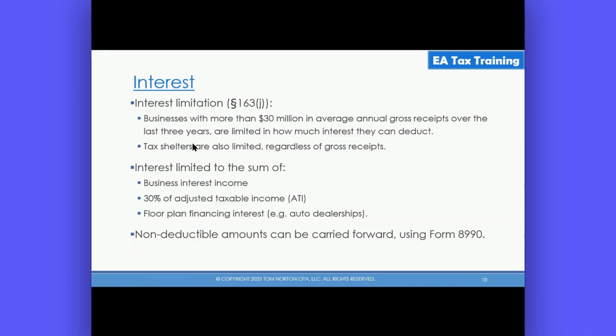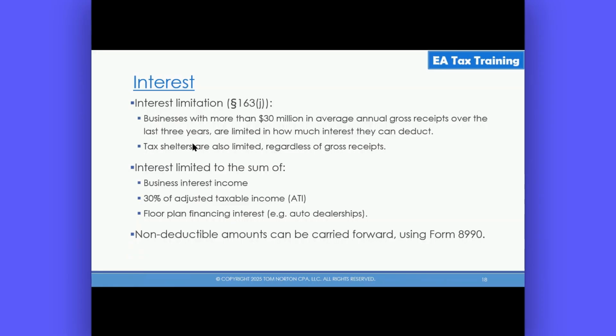This only applies to businesses with more than that $30 million in average annual gross receipts over the last 3 years. But if you are one of those businesses, there is a limit on how much interest you can deduct in any 1 year. Also, if you are a tax shelter, no matter what your size is, no matter what your gross receipts are, then this applies to you as well.